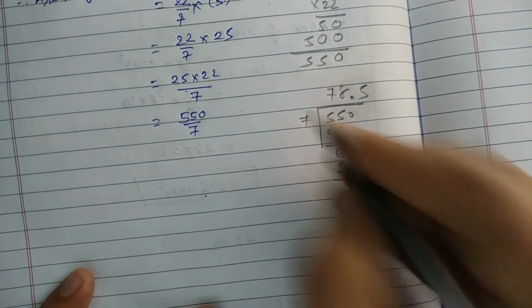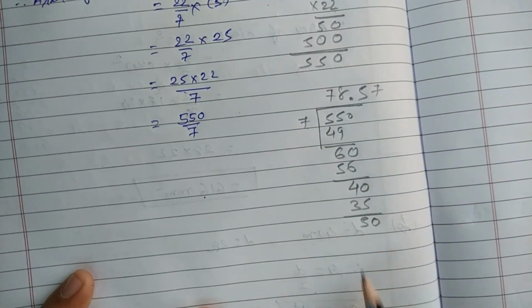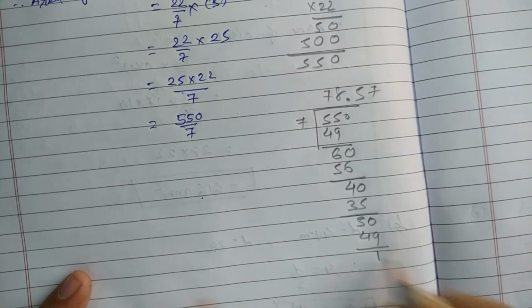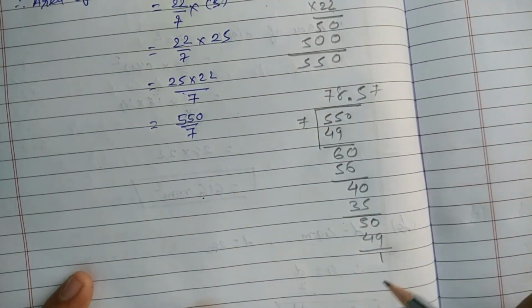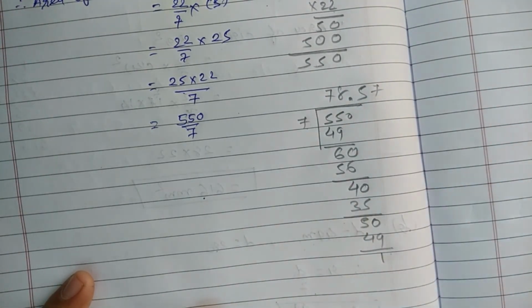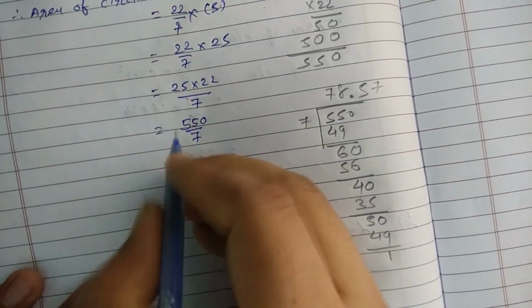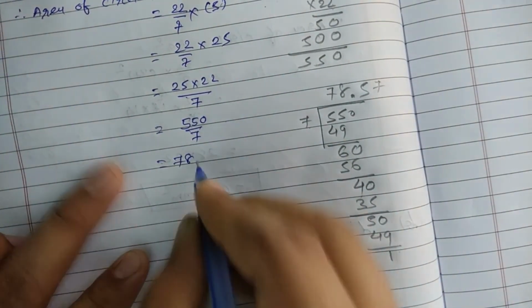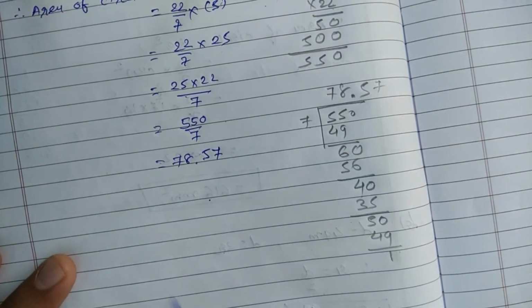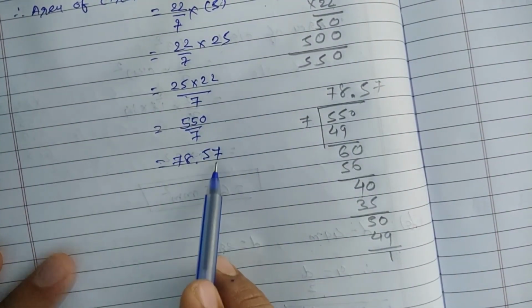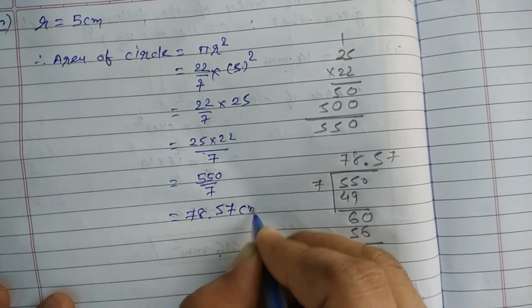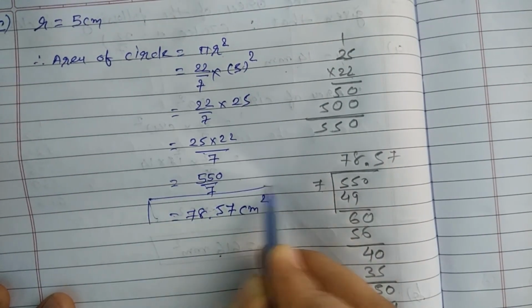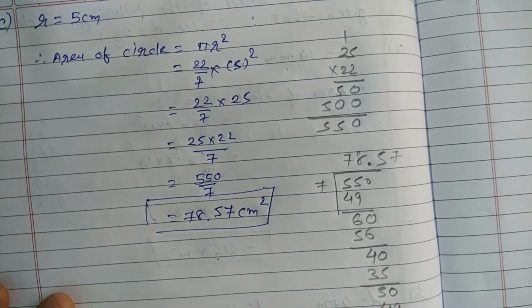We will put 0 again. 7 sevens are 49, again 1, and then 0. So this division will go on and on. That's why we will take the answer to two decimal places, that is equal to 78.57. So the area of the circle is 78.57, and what is the unit? Here the radius is in centimeter, so the unit for area will be centimeter square. 78.57 centimeter square.